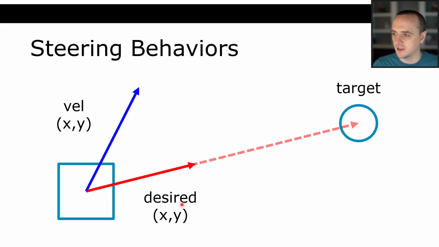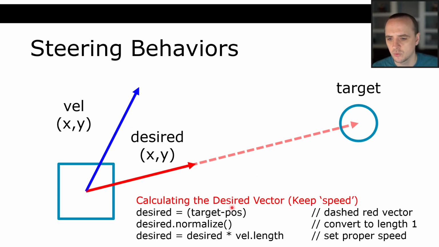So how do we calculate the desired vector from the target and the current velocity? This is actually pretty easy. We first calculate this red dashed vector, the entire vector. Pause is the current position of our entity. To get the vector from a current location to a destination, we subtract the current location from the destination.